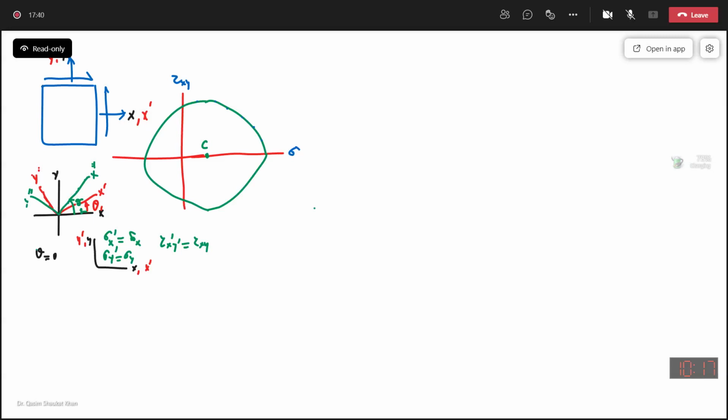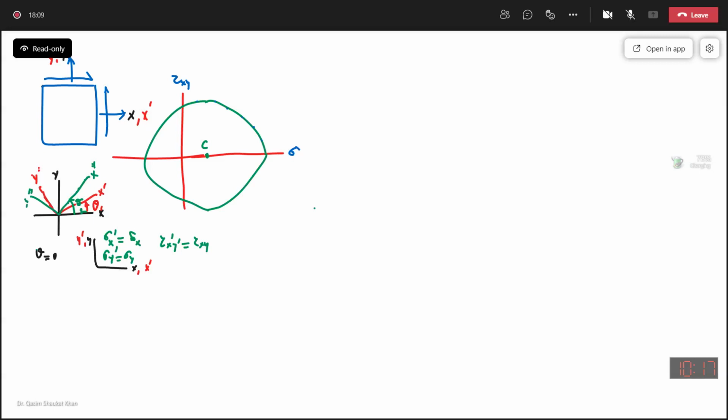So theta is 0 because x dash axis is coinciding with x axis, y dash is coinciding with y. So now we are getting the normal reference plane. The reference plane is the one on which orientation is 0, means the x dash axis is coinciding with the reference x axis, y dash axis is coinciding with the reference y axis.